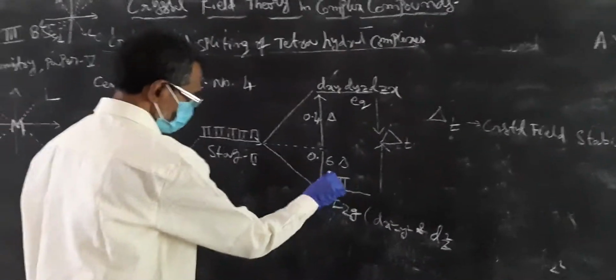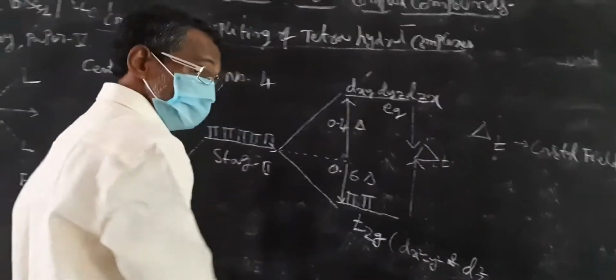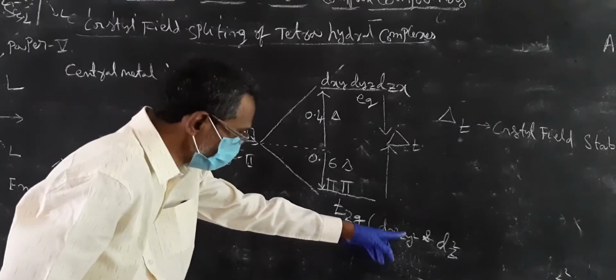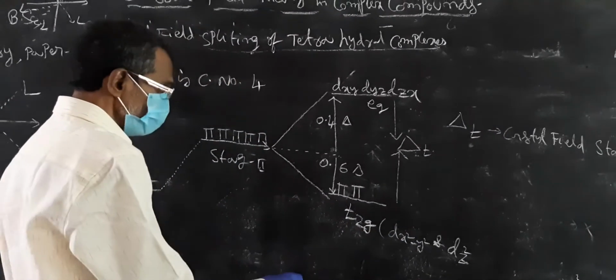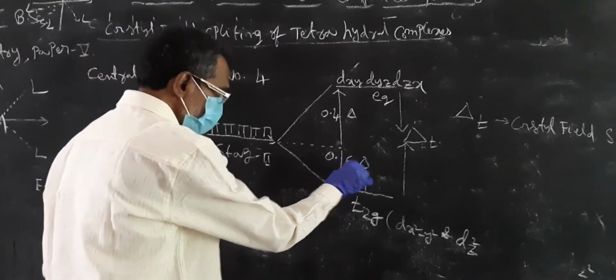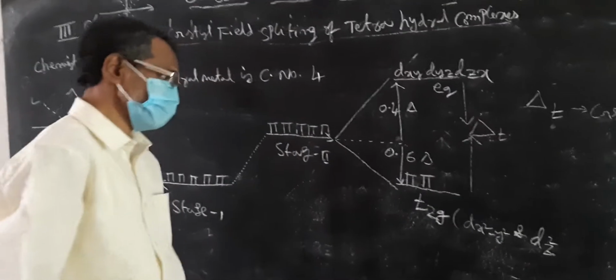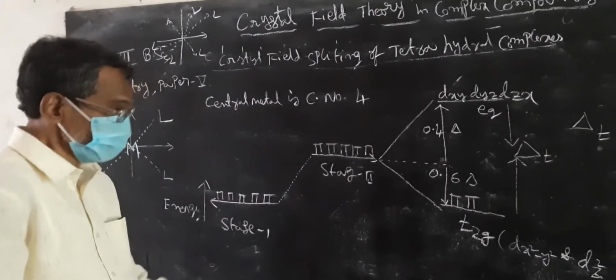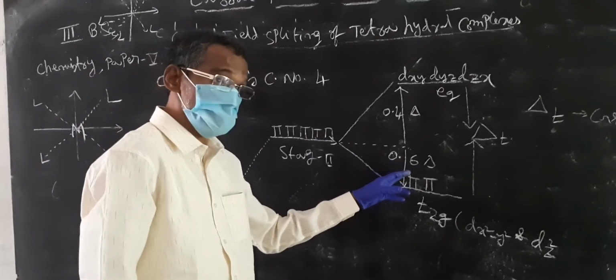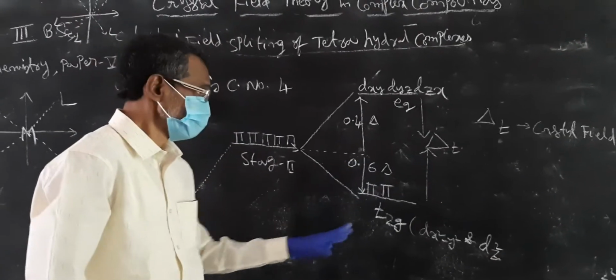In the T2g orbitals, dx square minus y square and dz square, each orbital has 0.6 delta energy.